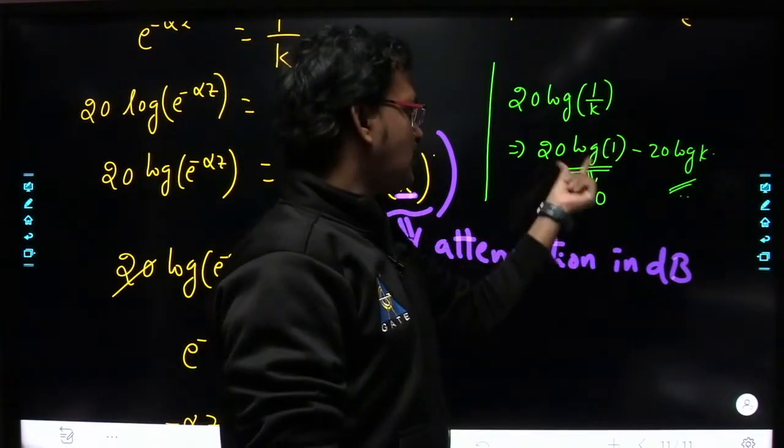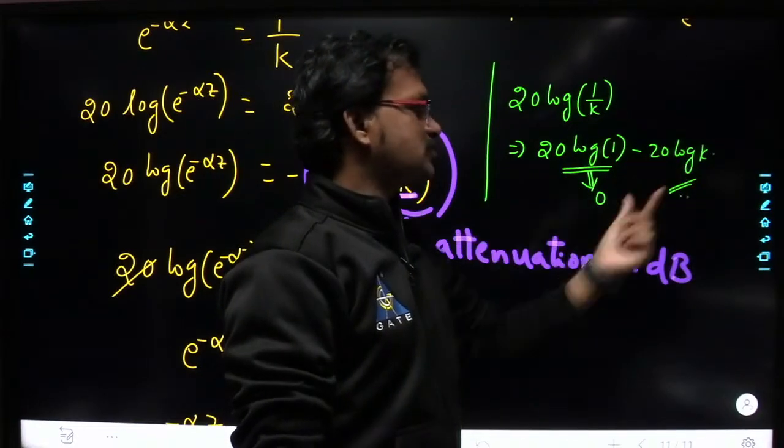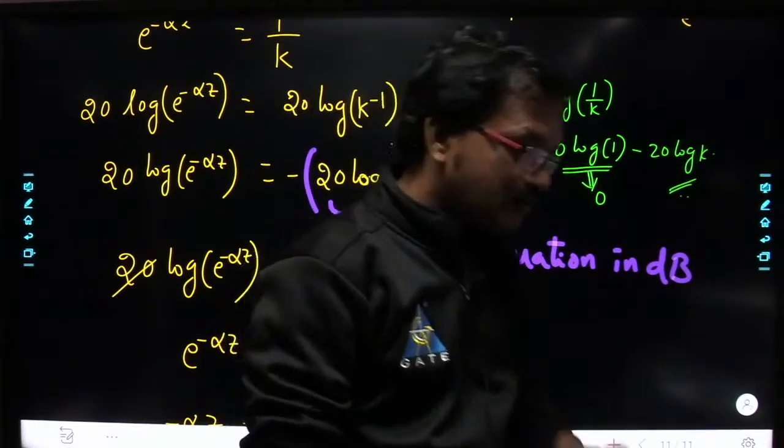Log 1 is 0, so that value will be 0. So what is left is minus 20 log k.